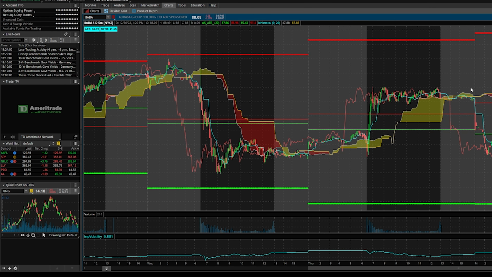I don't really need those, so I turn them off. The Tenkan, take that off. The Chikou, take that off. So all I really want to see is the Kijun, the Span A, and the Span B.